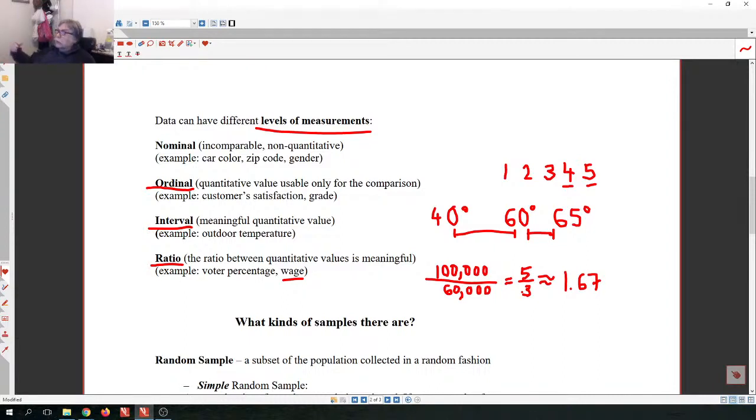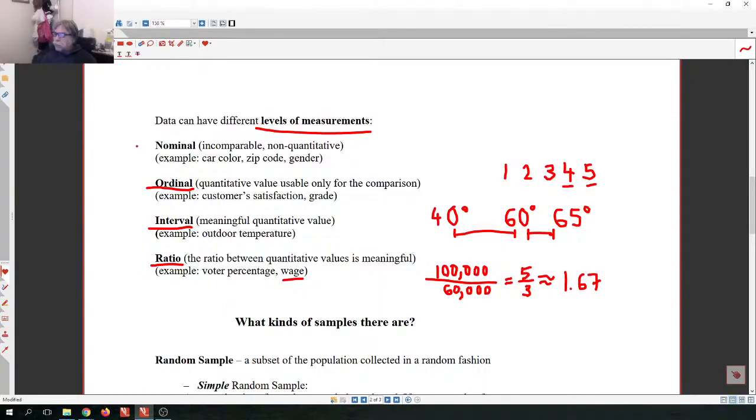You can compare that either by saying that the higher income is 67% higher, or you can say the lower income, if you divide 60,000 by 100,000, is 40% lower. So that's the best, the highest level of measurement you have.